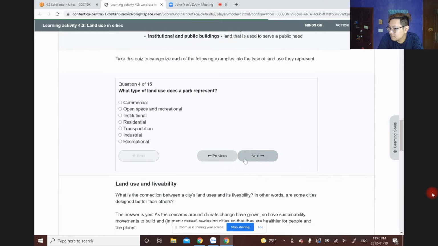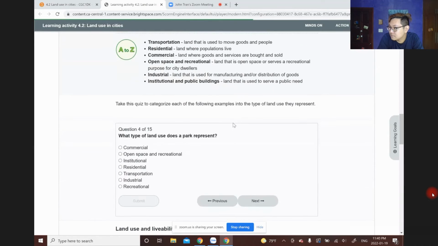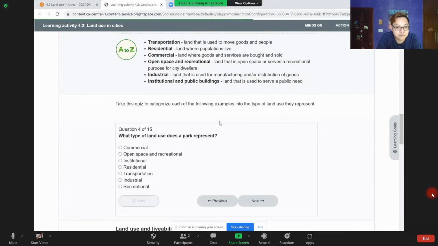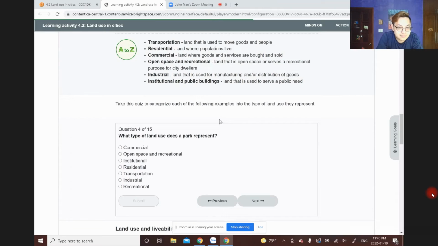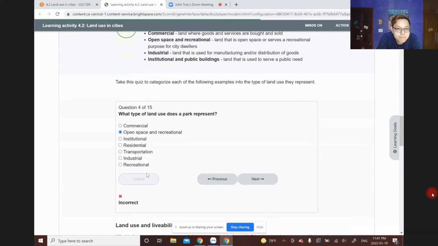What type of land does a park represent? A park is for people to enjoy their free time there. Open space, recreational.